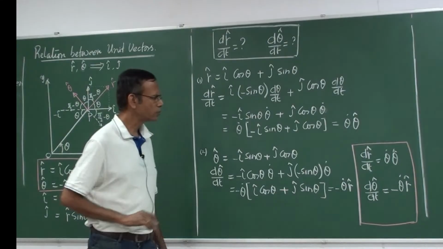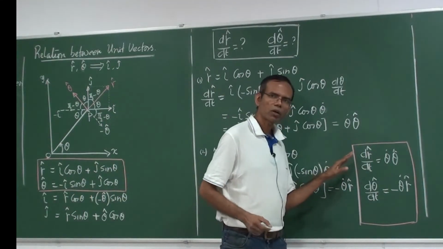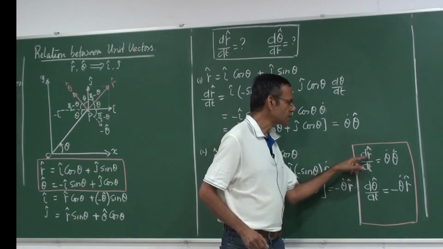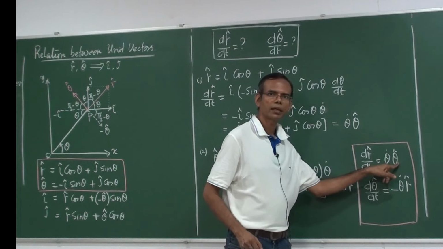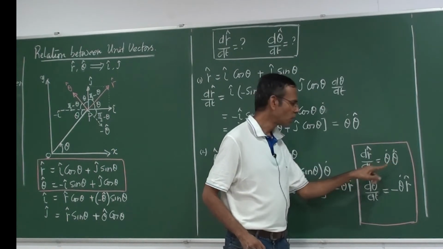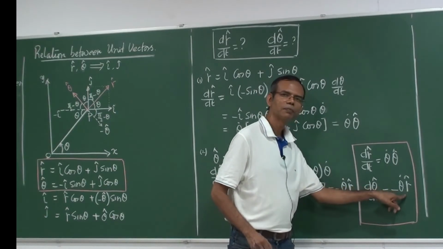Now it looks very confusing to you, isn't it? But it is not at all confusing. The thing is, when I am differentiating r cap, I am getting theta cap. When I am differentiating theta cap, I am getting r cap.